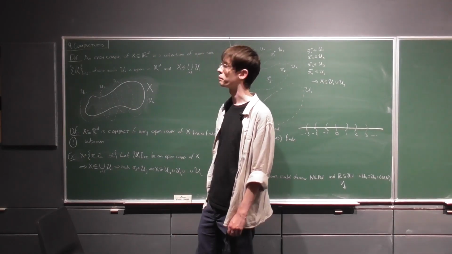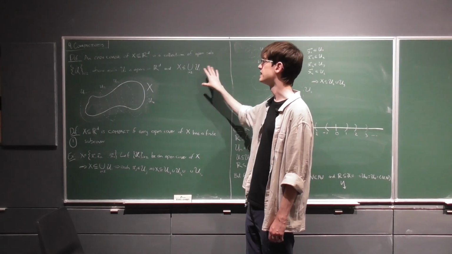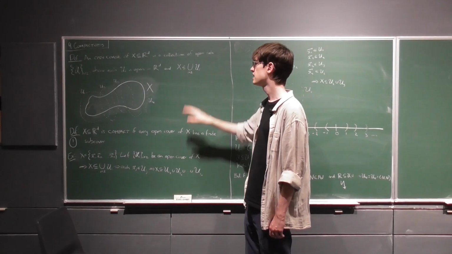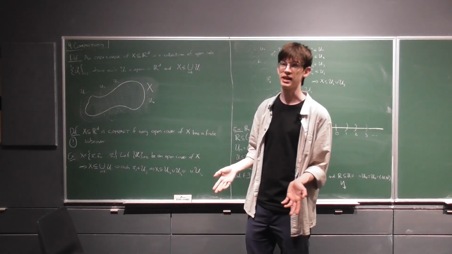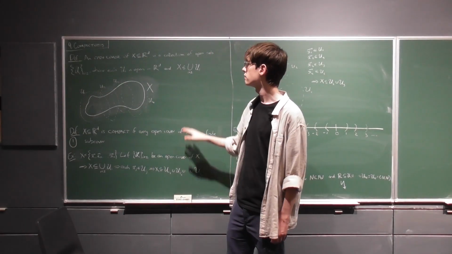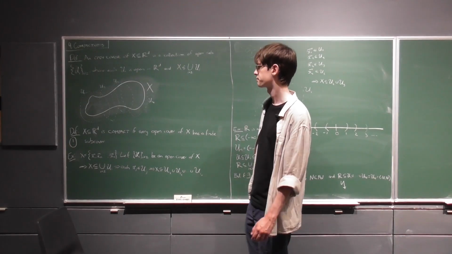Therefore, this is an open cover of X. This is hopefully an easy enough definition. You basically just take any set in R^d, and if you can cover it in open sets, hence open cover, then that's exactly what it is.